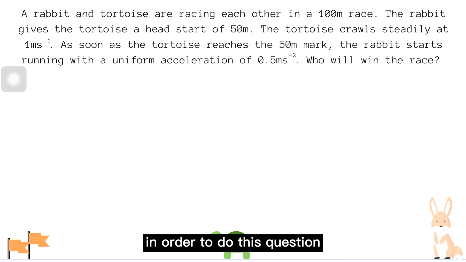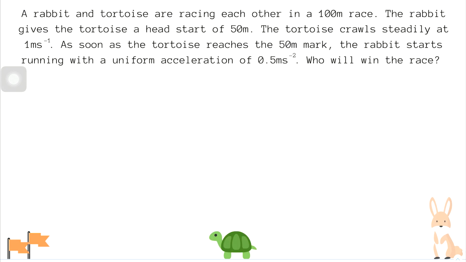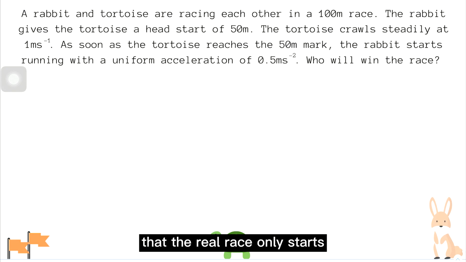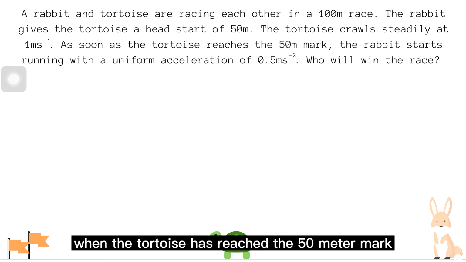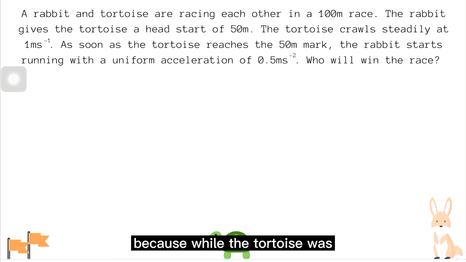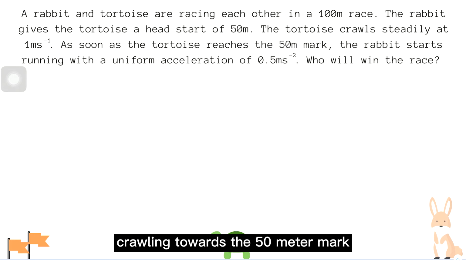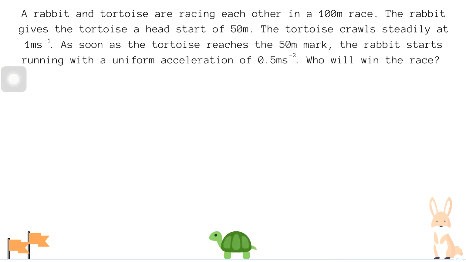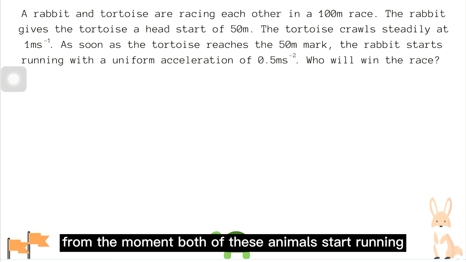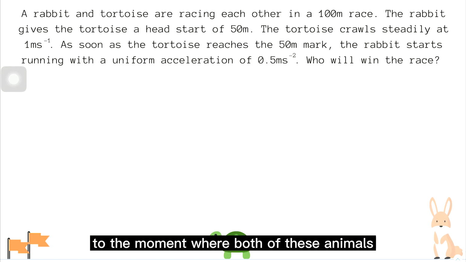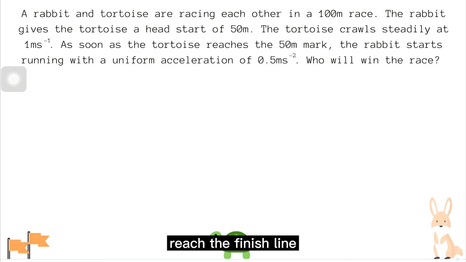In order to do this question, you have to understand that the real race only starts when the tortoise has reached the 50 meter mark. Because while the tortoise was crawling towards the 50 meter mark, the rabbit is just standing there, waiting. So nothing is happening to the rabbit. So we want to compare from the moment both of these animals start running to the moment where both of these animals reach the finish line.